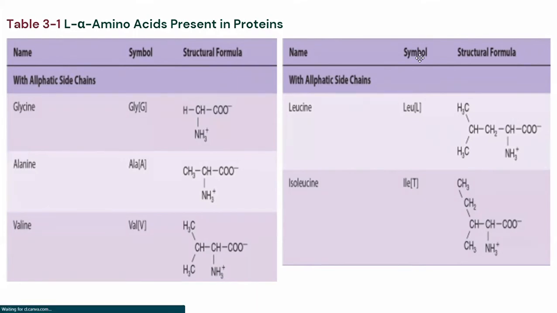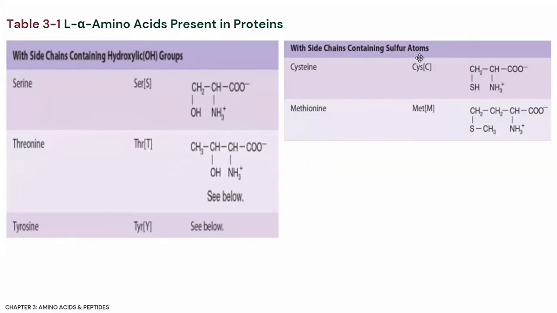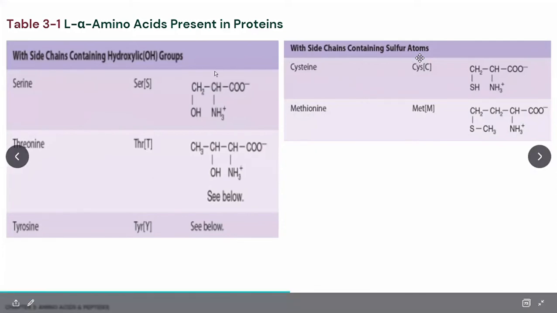Okay. Next group, with an OH. Now, the side chain of serine has an OH. So this makes it hydrophilic because of the OH. This one is partially hydrophilic because there's a carbon here without something that makes it soluble in water.